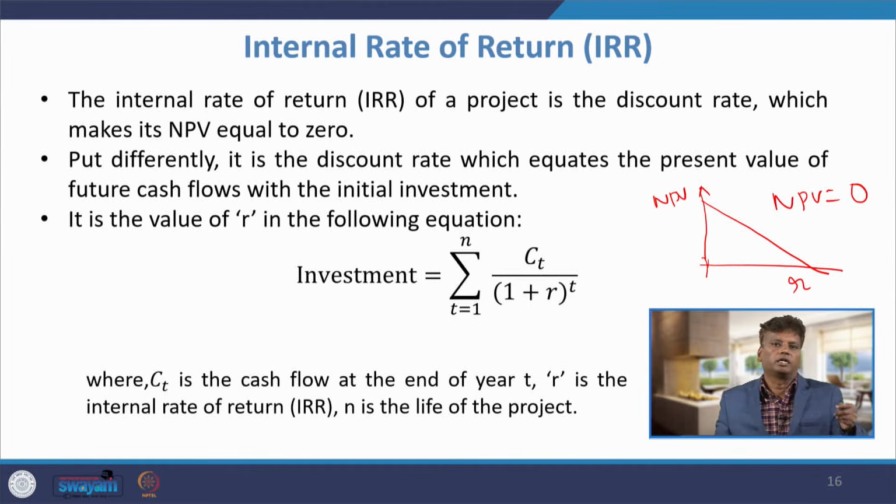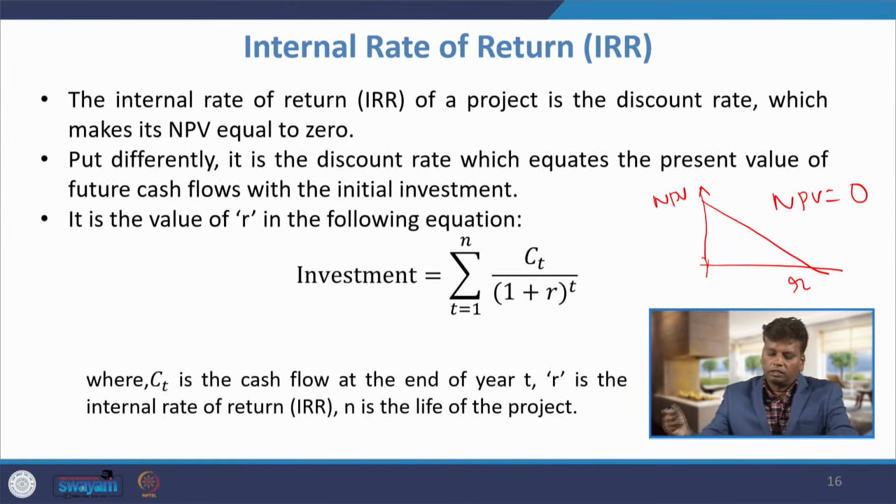So, the internal rate of return of a project is the discount rate which makes the NPV equal to 0. Put differently, it is the discount rate which equates the present value of future cash flows with the initial investment. It is the value of R in the following equation: investment is equal to the present value.